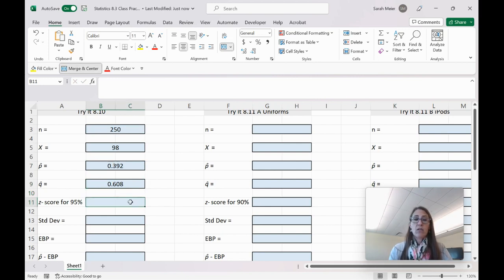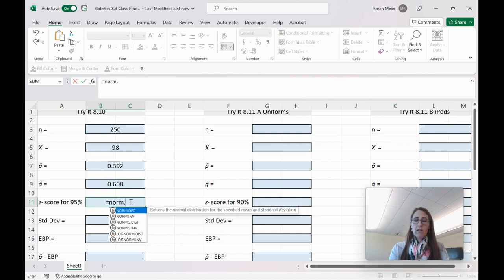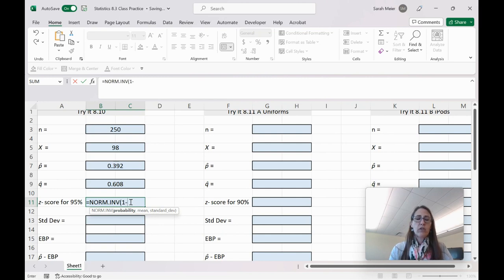And now we need our z-score for 95%. So remember, that's norm.inv, 1 minus alpha over 2. So if CL is 0.95, alpha is going to be 0.05 divided by 2. And then because it's the normal distribution and the inverse normal formula, we're going to put a 0 and a 1 because we're using standard normal.